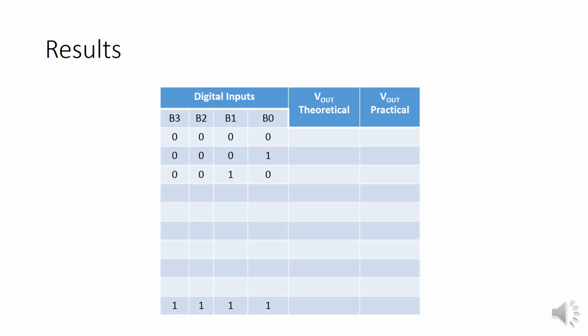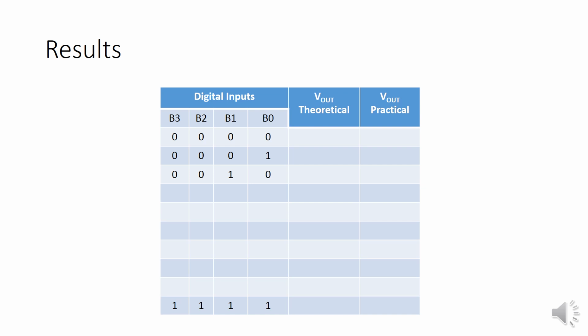Now tabulate the theoretical values from the earlier calculations and compare them with the practical values for all combinations from 0, 0, 0 to 1, 1, 1. As per the experiment, the number of bits or resolution can be increased to any value, 4 bits or 5 bits, because we need only 2 resistors.